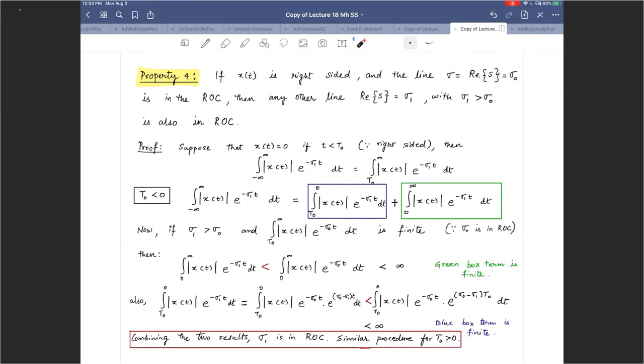Property 4. If x of t is a right-sided signal and there is a line in the S-plane, sigma equals sigma 0, a vertical line in the S-plane.